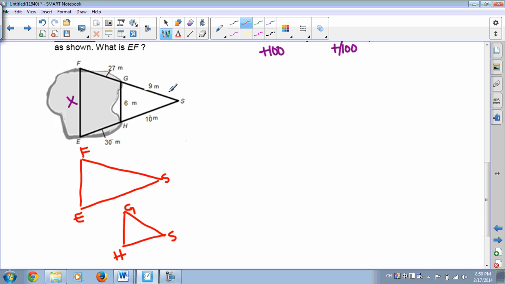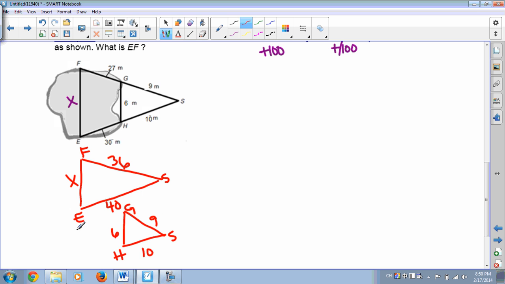We still need to add it up all the way across, so this would be 36. 27 plus 9 is 36. And then 30 and 10 all the way across here would be 40. We do not know what that side length is. We know that G to H is 6, G to S is 9, and H to S is 10.